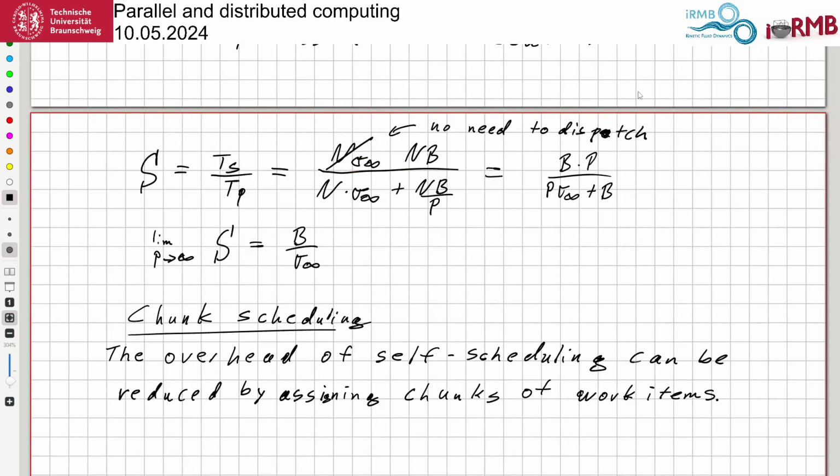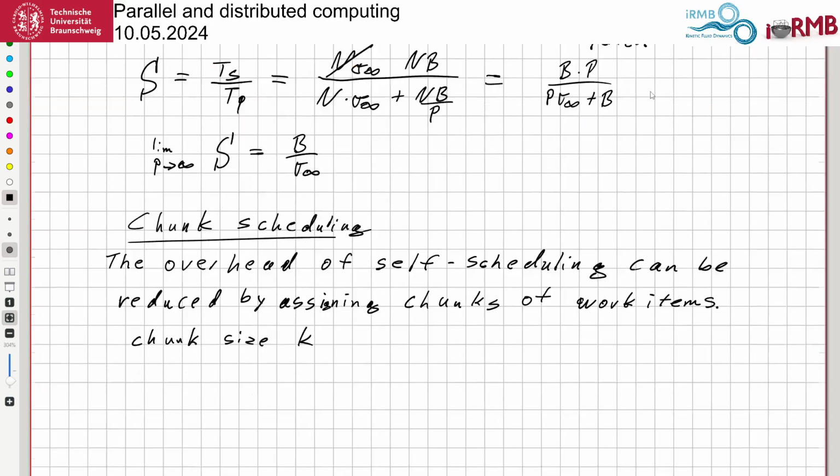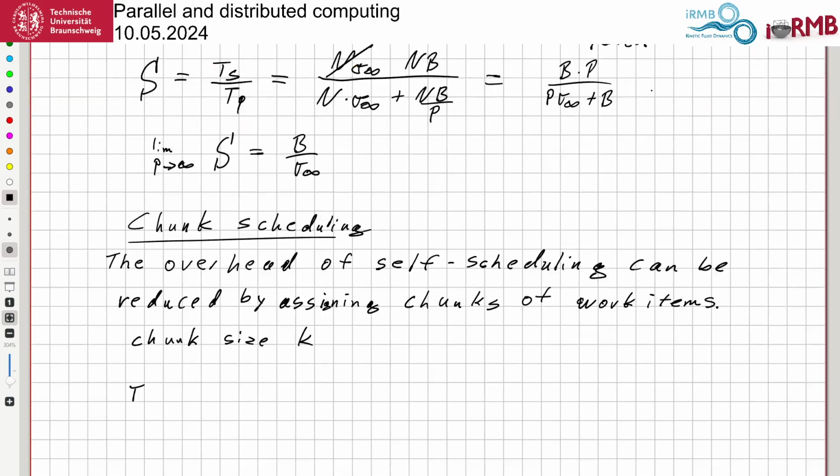So we now define a chunk size k, and then the parallel execution time T divided by k becomes n k times p. Now they have to do k times the work, so actually this will be the same as before. You don't save time on the actual work.